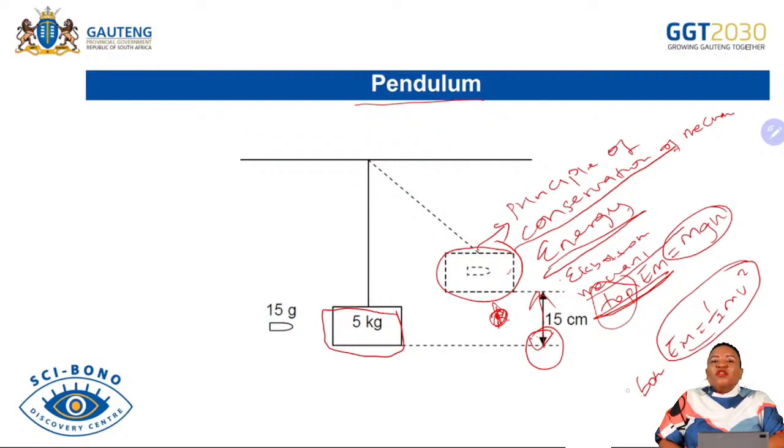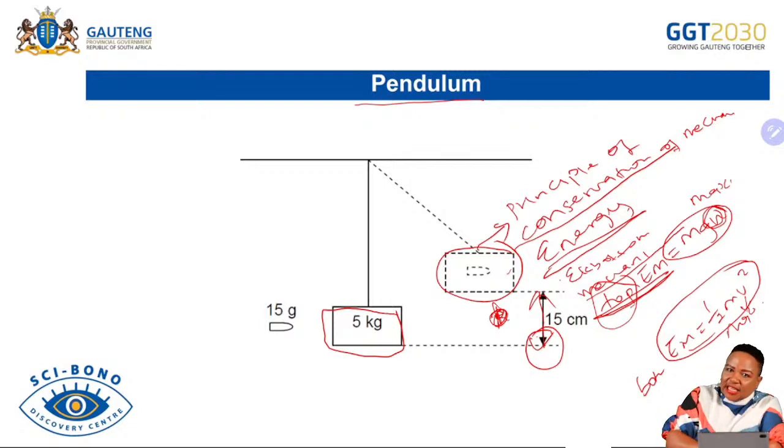When it reaches the ground, the maximum is going to be its kinetic energy, because at the ground its height is going to be 0, but at a certain height its height is at its maximum. Here, the velocity is at its maximum. So that is why we normally refer to the energy at the top as gravitational potential energy taking preference, and the energy at the bottom as kinetic energy.